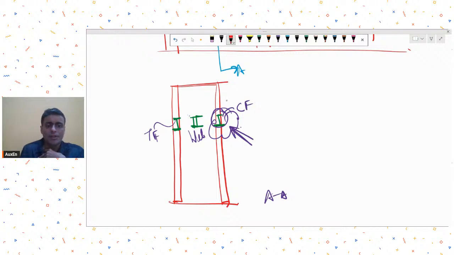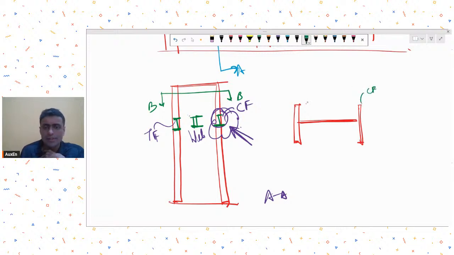So for example, if I show you the plan view of this same column, this sectional view BB, what happens many times is, let's say this is my column flange, this is my web, this is my column flange. Let's say this is my compression flange, this is my tension flange, this is my web. Ideally I would want to attach my member as close as possible to the compression flange, but due to many reasons, let's say it's not possible.